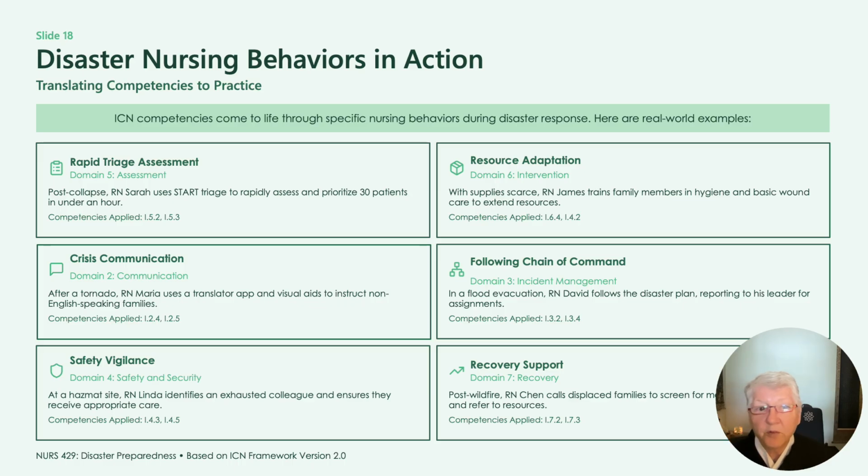Other examples include following the chain of command during evacuation, maintaining safety vigilance by monitoring colleagues' fatigue, and supporting recovery by screening for mental health needs and making referrals. These behaviors demonstrate how competencies become actions during a nursing response.